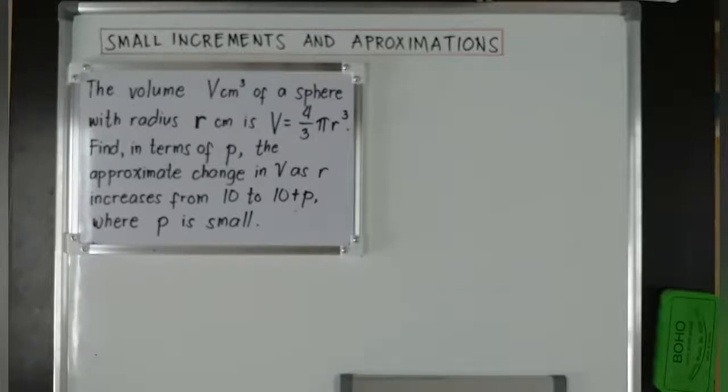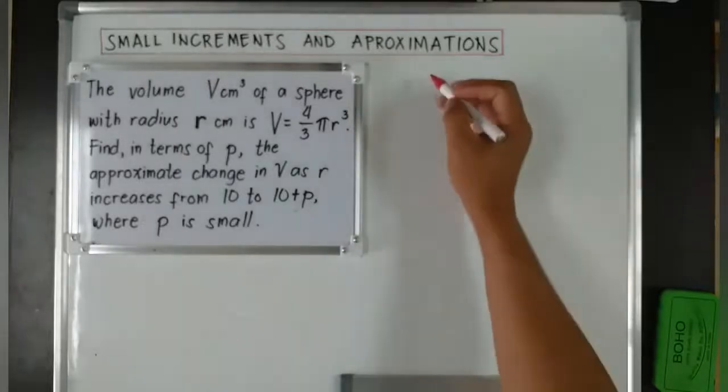Find in terms of P the approximate change in V as R increases from 10 to 10 plus P. So what you are going to do is find the small increment in V. What is a small increment of V?